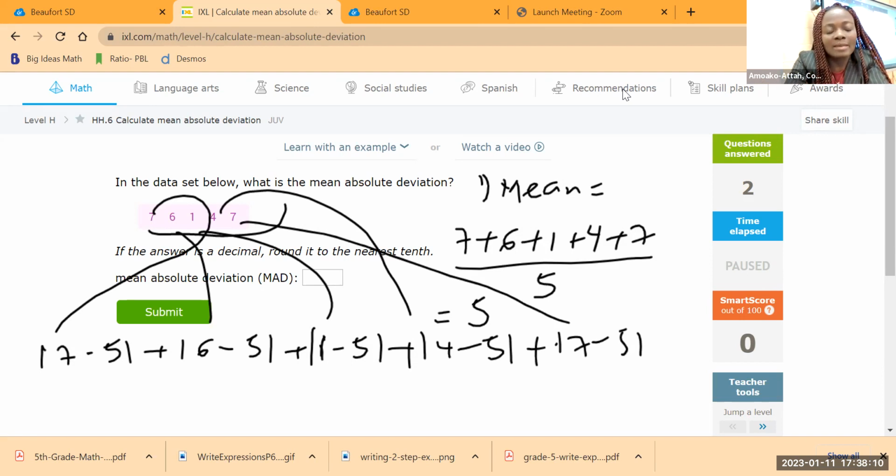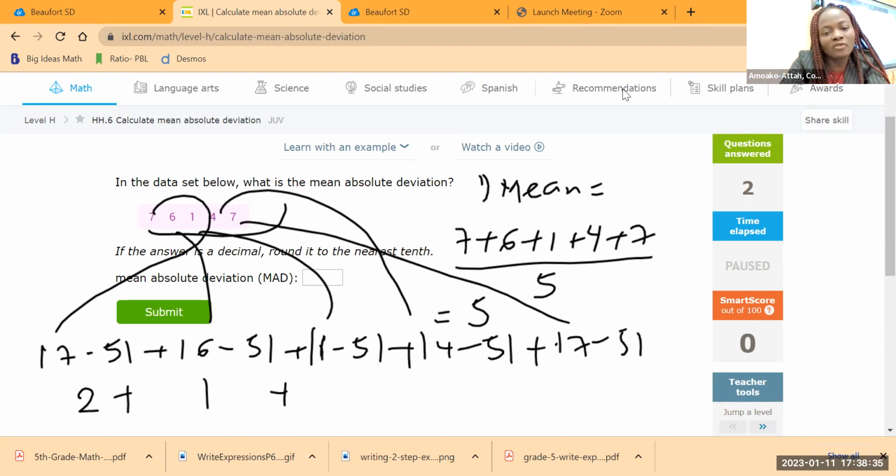The absolute value of 7 minus 5 is 2. The absolute value of 6 minus 5 is 1. 1 minus 5 is -4, but the absolute value of -4 is 4.